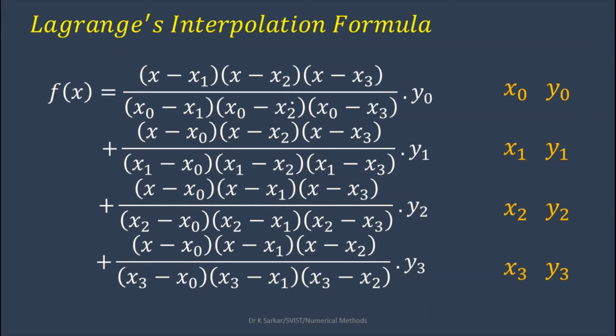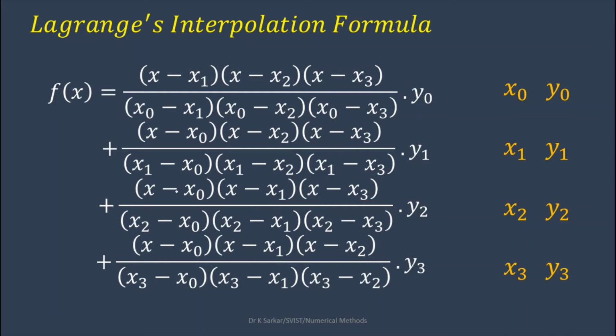In the second term, except x1, x0, x2, x3 are subtracted from x. And in the denominator, x0, x2, x3 are subtracted from x1. Similarly for the third and fourth terms. In the third term, x0, x1, x3 are subtracted from x.